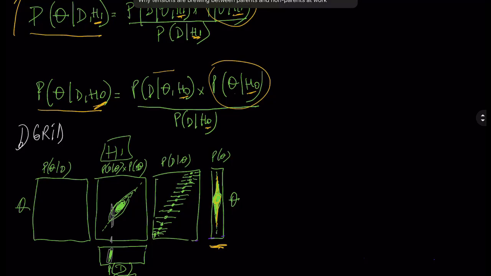Then this is the probability of the data given the parameter value. So if we are considering this parameter value, the center of theta, well, the probability of the data, which is here, goes lower as it goes away from that central value.